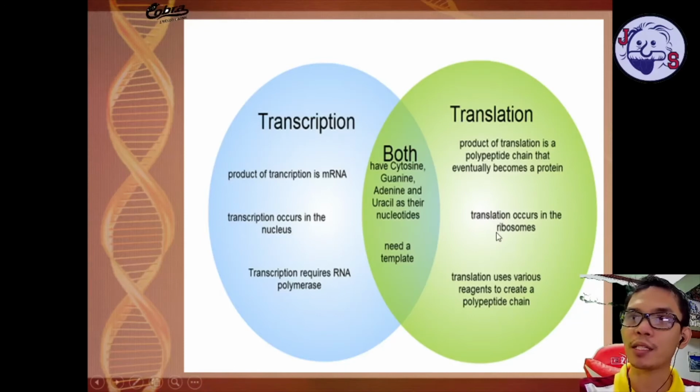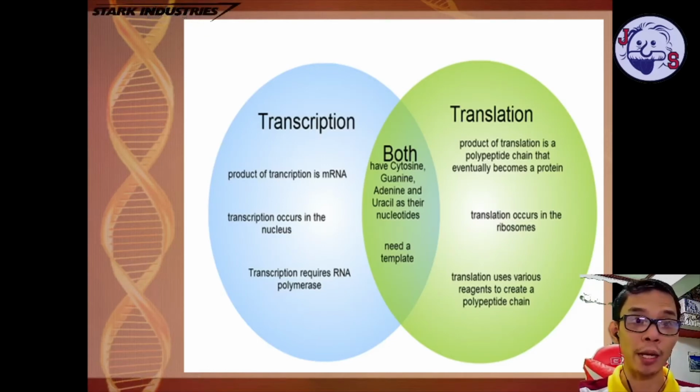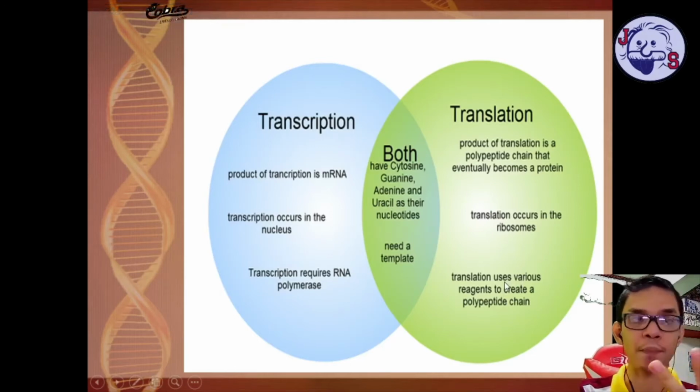Meanwhile, translation occurs in the ribosomes. Transcription requires the RNA polymerase for it to work. Meanwhile, translation requires a lot of reagents like ribosomes and tRNA.